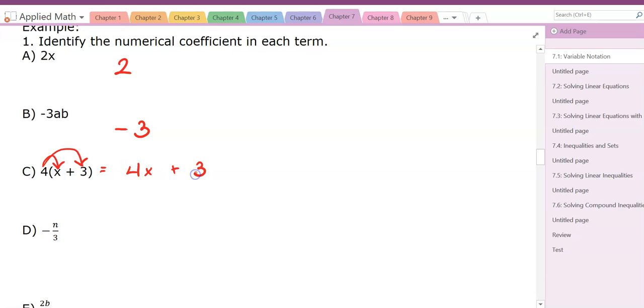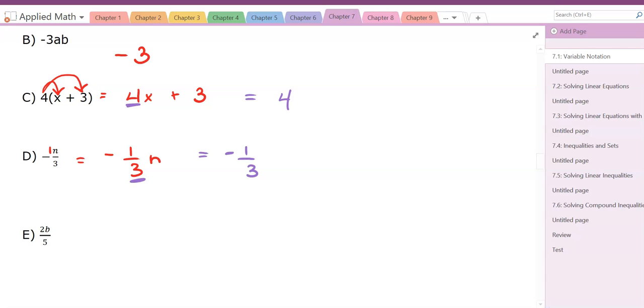The coefficient is only the term that's sitting in front of the letter, so it would just be the 4. For D, think about what number would technically be in front of the n. There's technically a 1 there. So this would be like negative 1/3 n. So your coefficient is going to be negative 1/3.